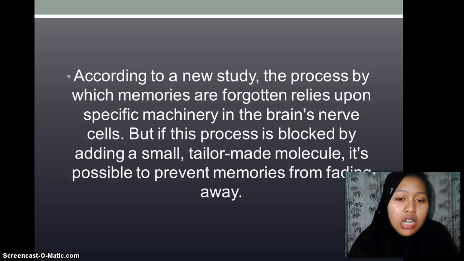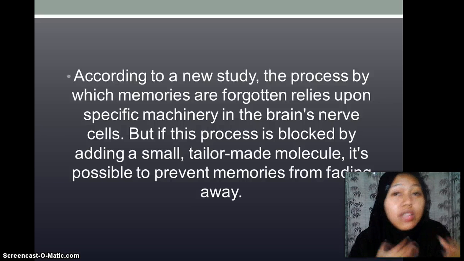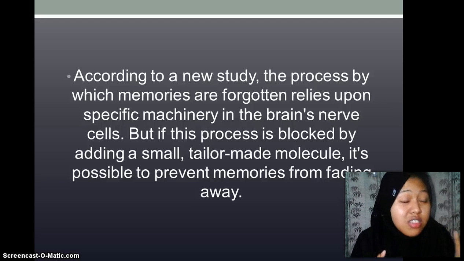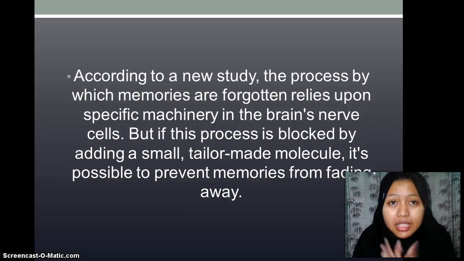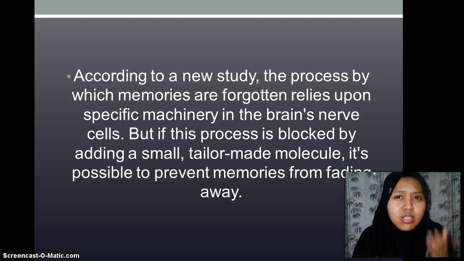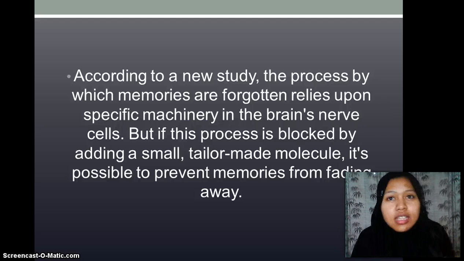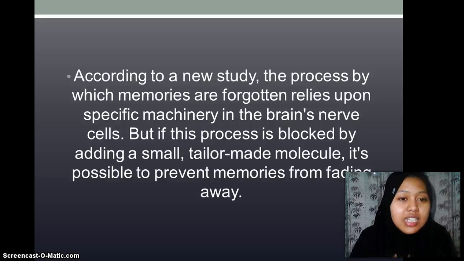Memory and learning are important parts of all of our lives, particularly with respect to conditions like post-traumatic stress disorder and Alzheimer's. And while the ability to retain memories may sound appealing, forgetting is a useful skill in itself.